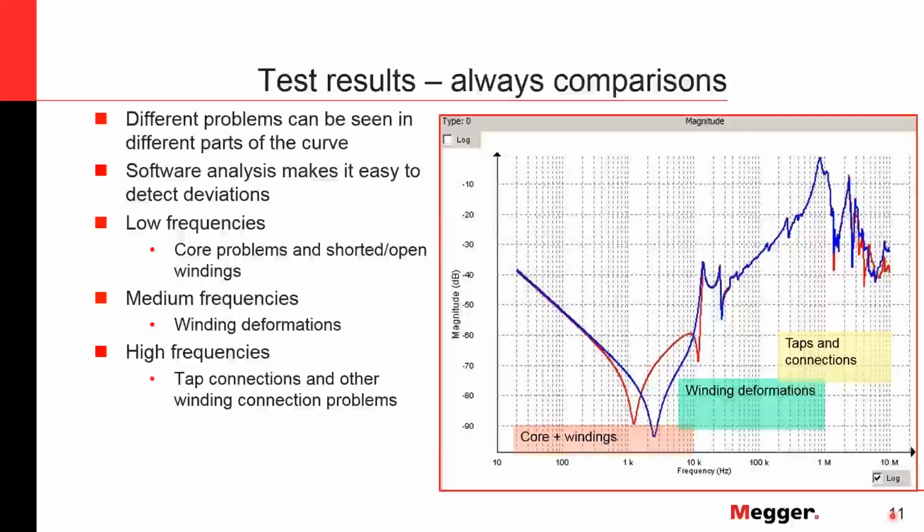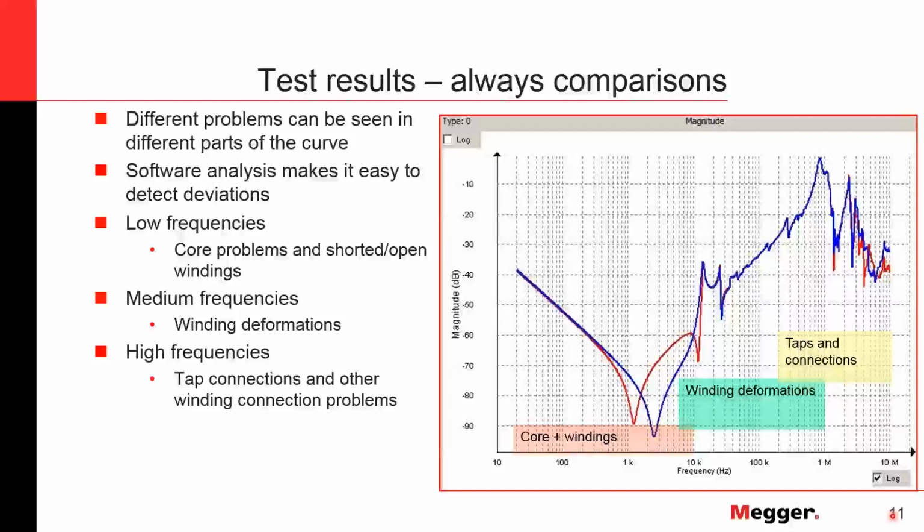But in general, what you can say is when I'm looking at the low frequencies, this is usually an indication of the core and how the core is behaving, and a little bit of the windings as well. Then when we get into the medium frequencies, you're really looking mainly at the windings. The first FRA devices were mainly used to look at the windings, but by expanding to the lower frequencies, we found out we could look at the core as well.